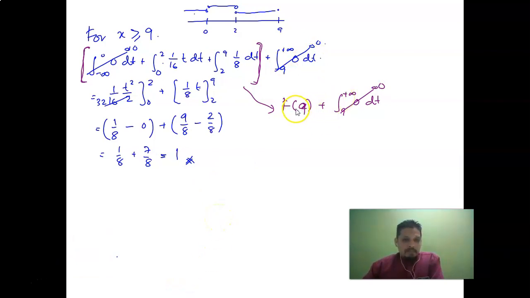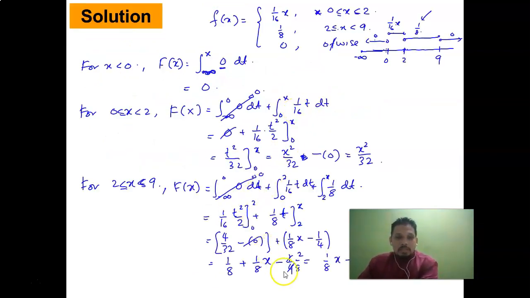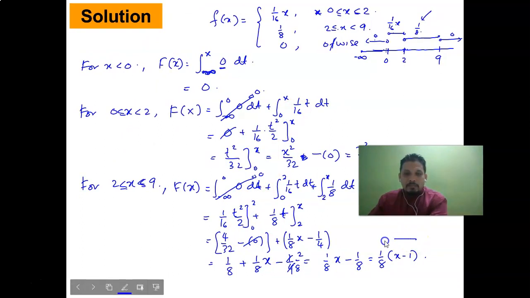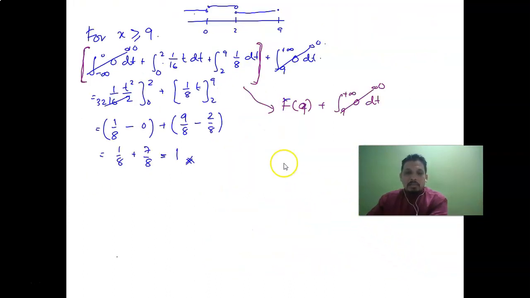So F9, where I can use this result into here, which is 1 over 8 x, take this x as 9 minus 1, 9 minus 1 equal to 8, 8 multiplied with 1 over 8 equal to 1, yet still the same. Either one.